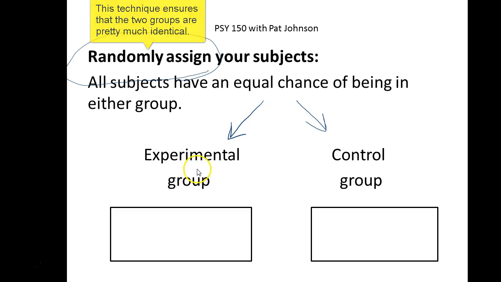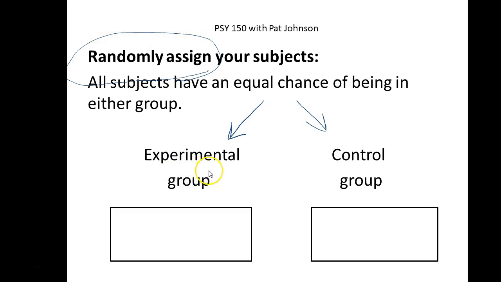Now, how could we do that? Well, we could flip a coin. That was often done in earlier days for random assignment. We could have students count off, which is not the greatest because I remember as a kid, if we counted off for a sports game, we would put the kid we didn't like between us and our friends.